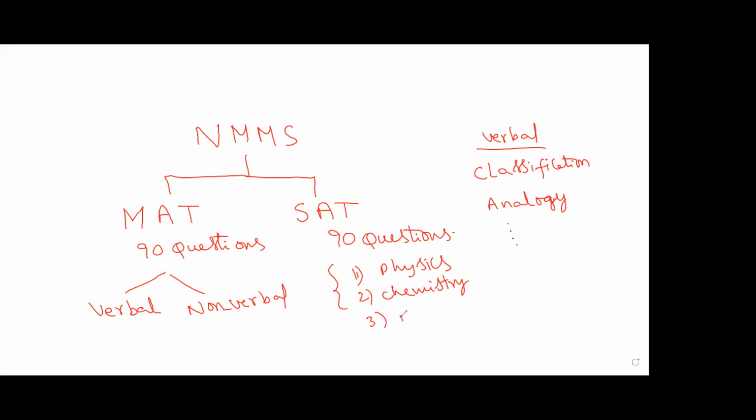Then biology, and then comes maths. And in social studies, you can see four things separately like history, geography, and of course, political science and economics.